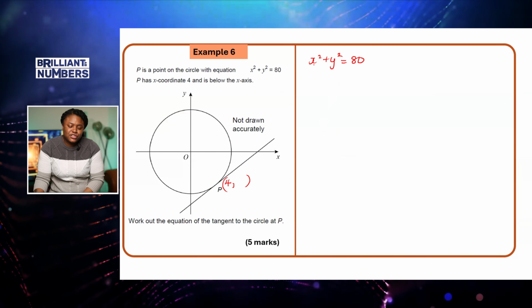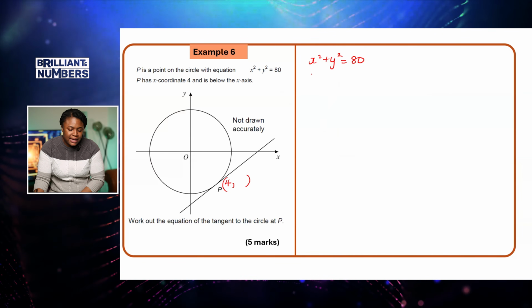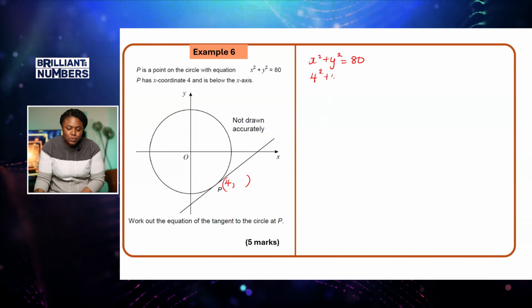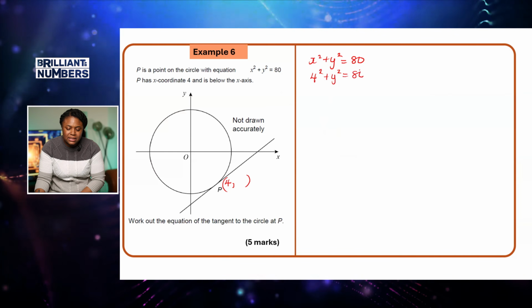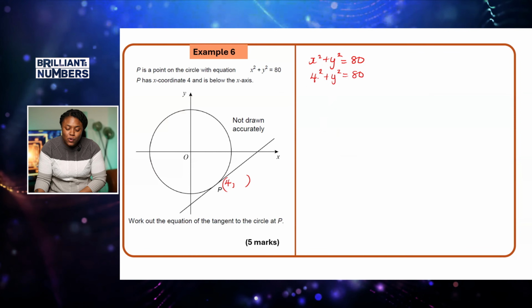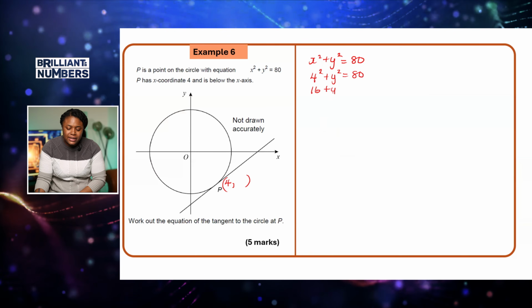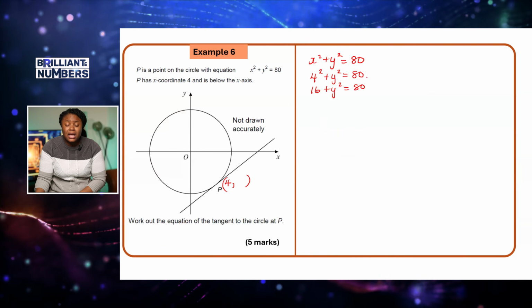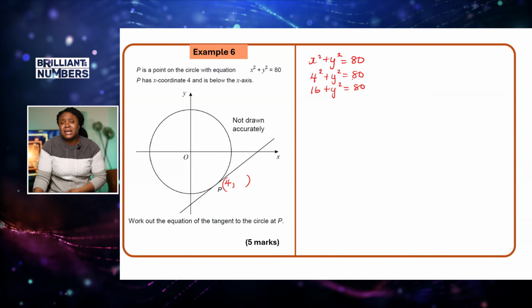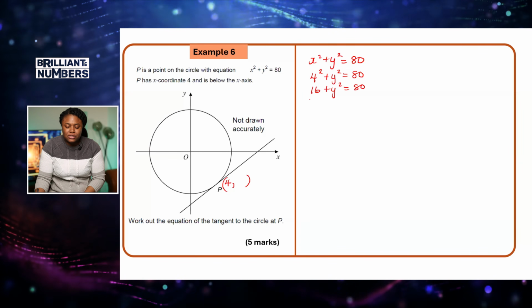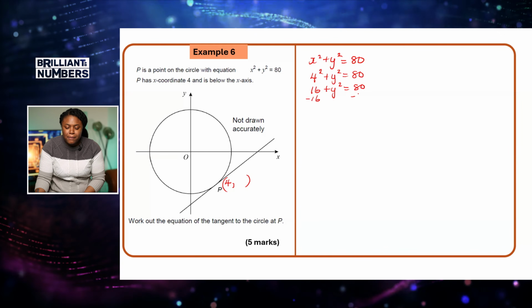So I'm going to substitute the x coordinate. x is equal to 4, so I need to do 4 squared plus y squared equals 80. I know 4 squared is equal to 16, so 16 plus y squared is equal to 80. I now need to rearrange to make y the subject, so I need to subtract 16 from both sides.